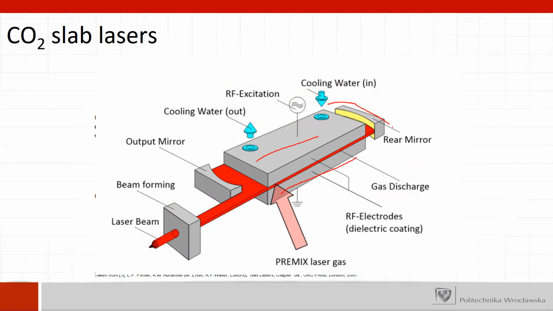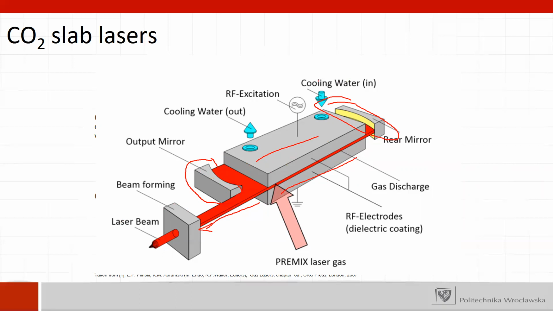We have the rear mirror here, but the output mirror covers only a part of the output beam. So the output beam exits the resonator by just missing this mirror. So the aperture of the mirror is smaller than the mode inside this laser. So this is basically an unstable resonator.